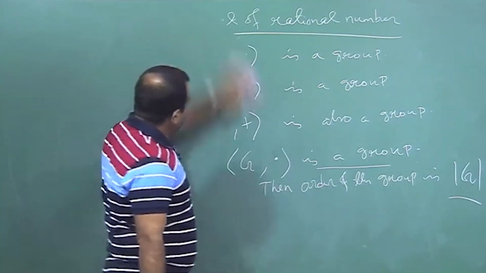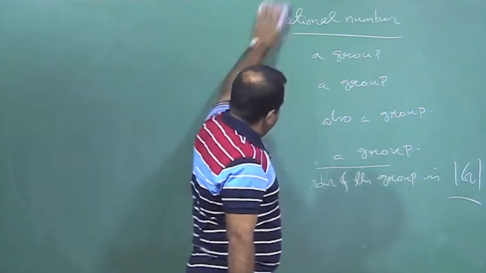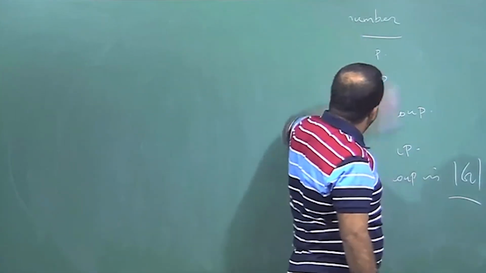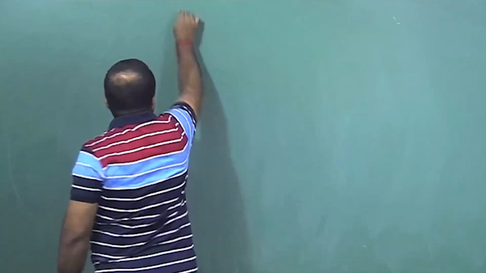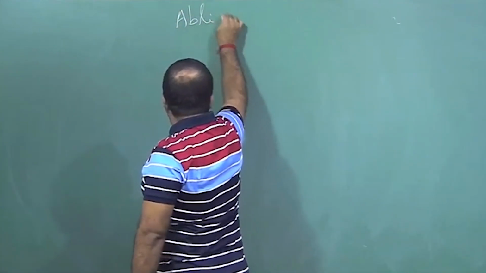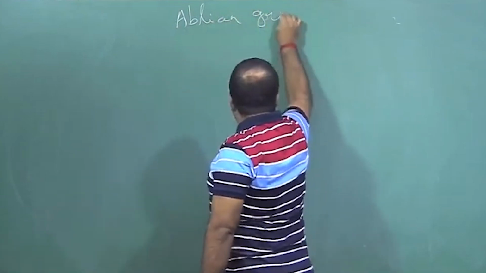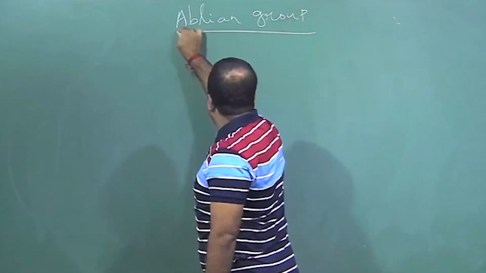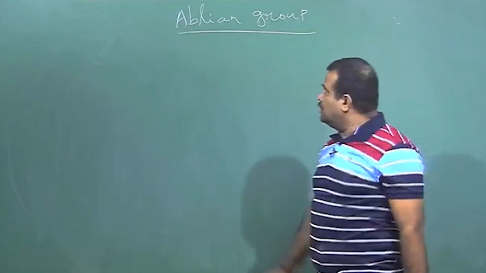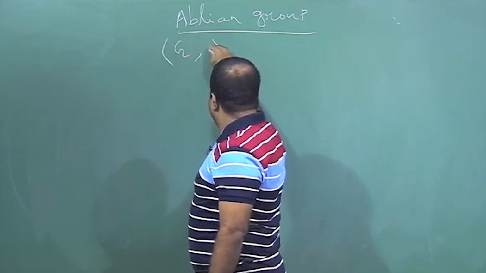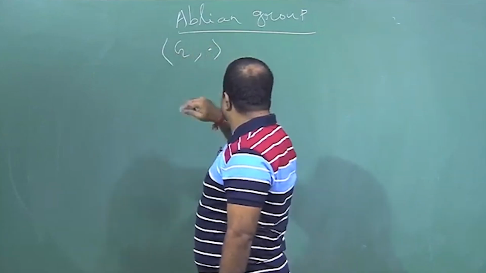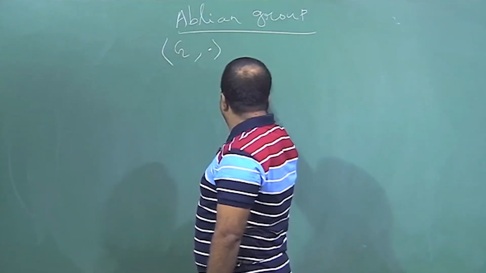Okay. Now, we talk about what is called an abelian group or commutative group. When we say G along with the binary operator is an abelian group, first of all, it has to be a group.